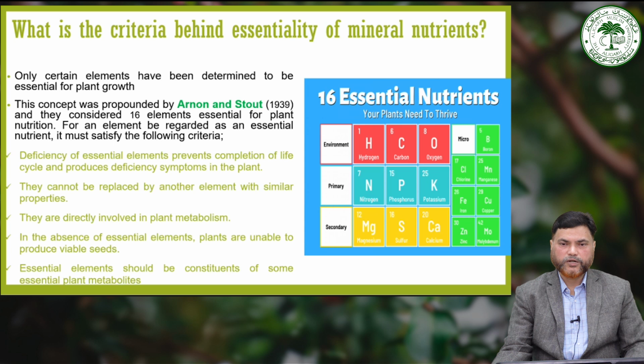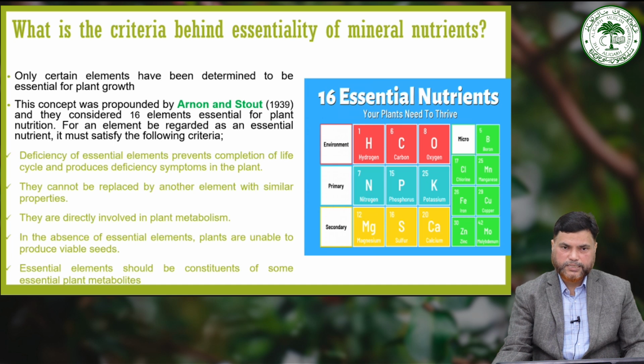and the essential element plays direct roles in plant metabolism. In the absence of essential elements, plants are unable to produce viable seeds. So, you see that another criterion is that essential elements should also be a component of an essential plant metabolite, like magnesium is a constituent of chlorophyll molecules.